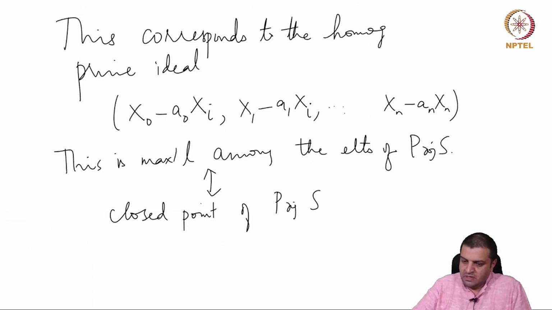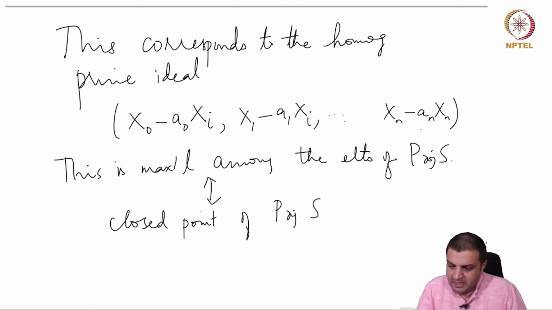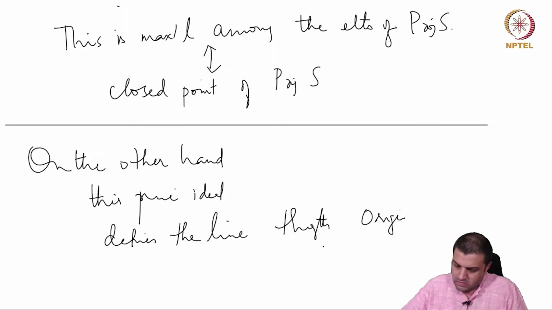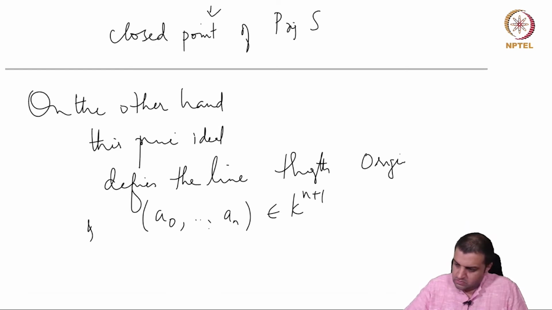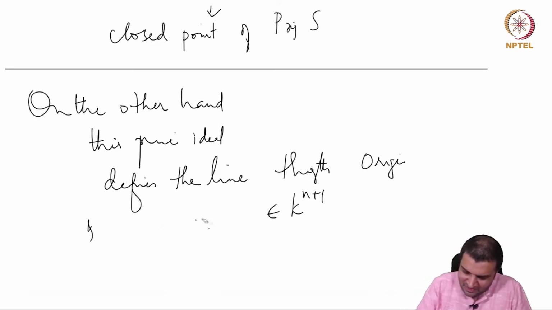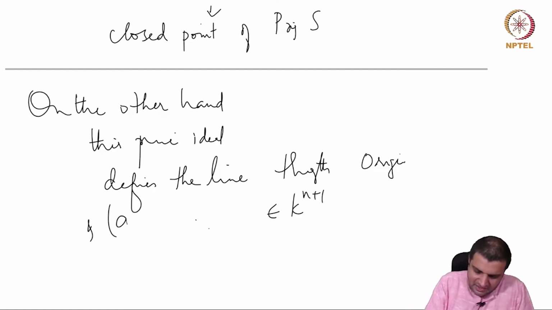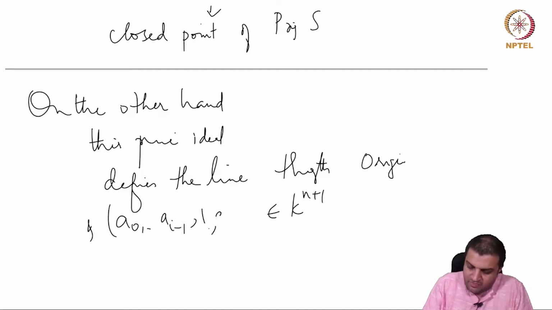Sorry, this is not correct, there are only n terms in this: a0 up to a(i-1), a(i+1) up to an.